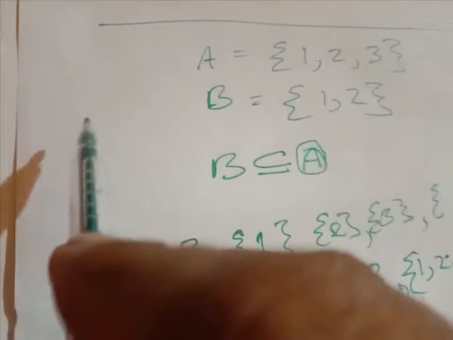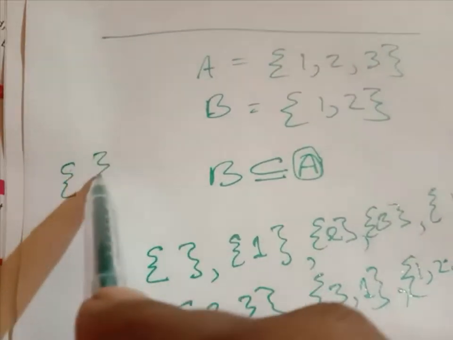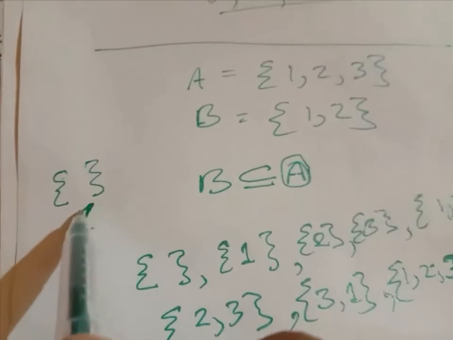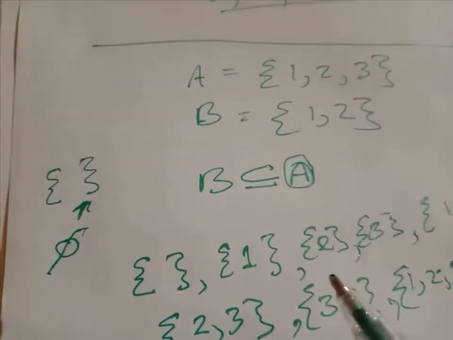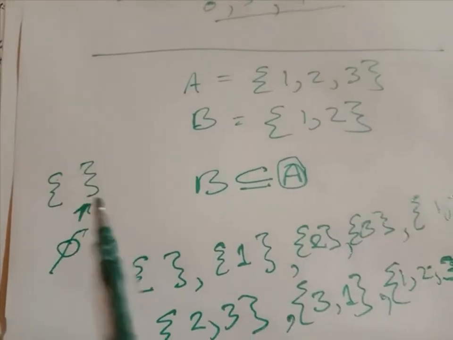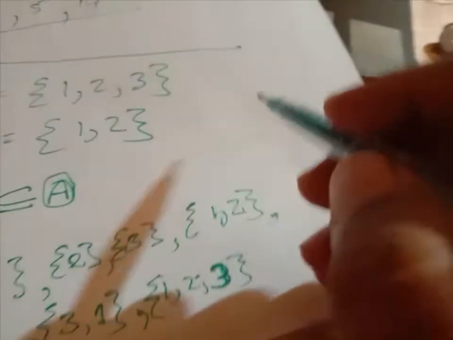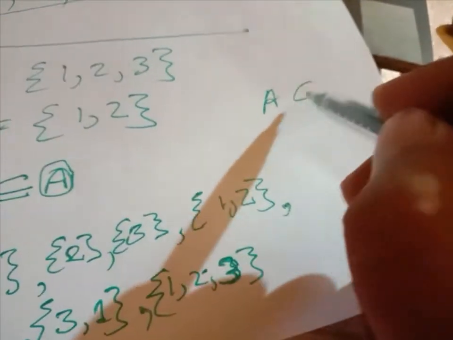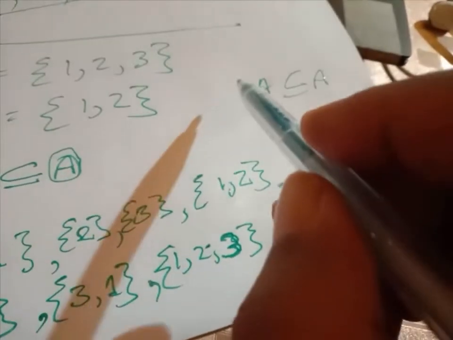what we need to remember is an empty set. The empty set is also represented by a symbol called phi. This is the phi symbol. The empty set is a subset of every set, and every set is a subset of itself. Just remember these 2 points.